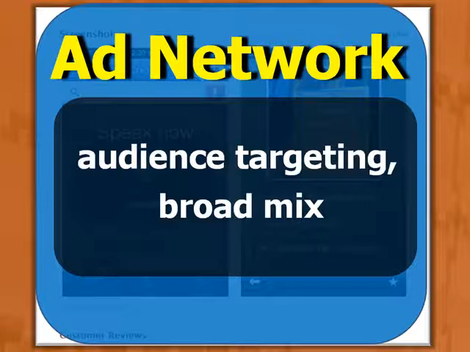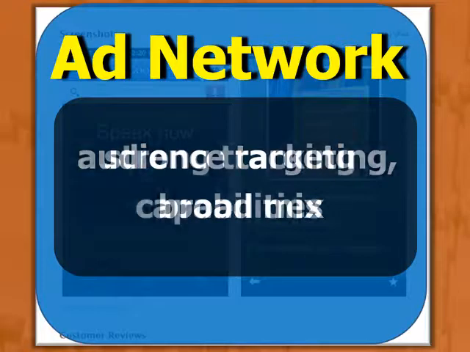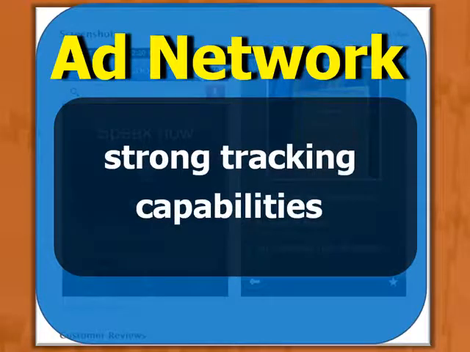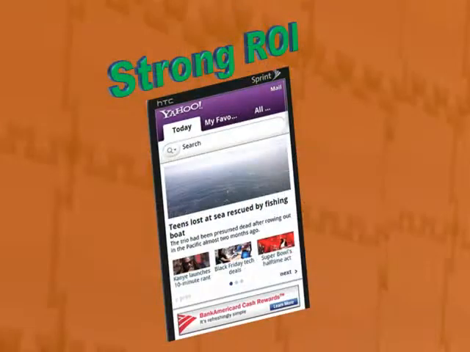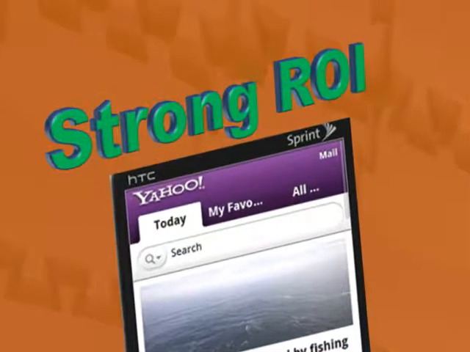For example, if you'd rather be on sports sites only, they can do that. If you want a scattershot approach across all kinds of sites, they can do that too. And fifth, they have strong tracking capabilities for gathering actionable insights that help to refine the marketing initiative over time. The sum effect of these 5 benefits can result in a better return on your marketing investment.